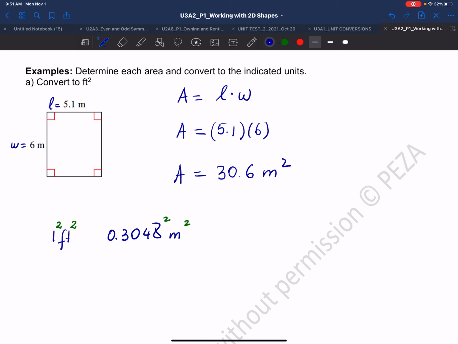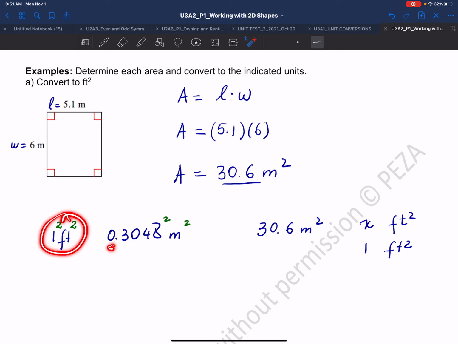So let's get started with what we are given first. We're going to say that 30.6 meters squared is an unknown amount of feet squared, so we're going to call that x. Now, 1 foot squared, on the other hand, would equal 0.3048 squared meters squared.